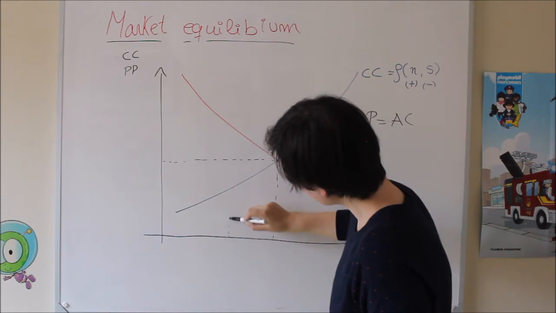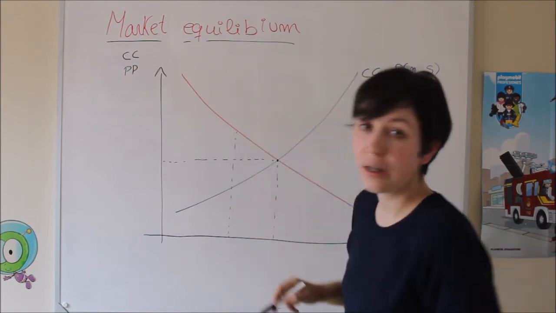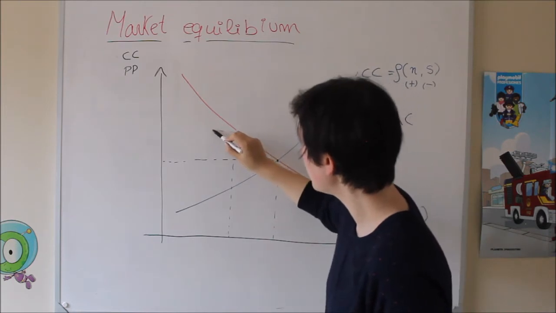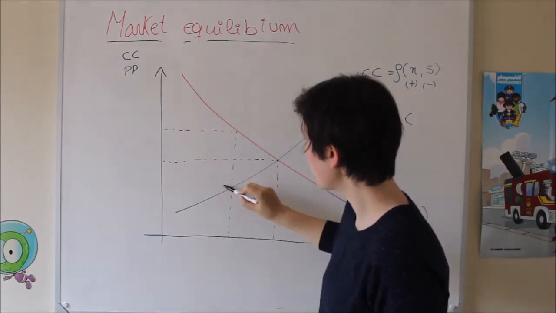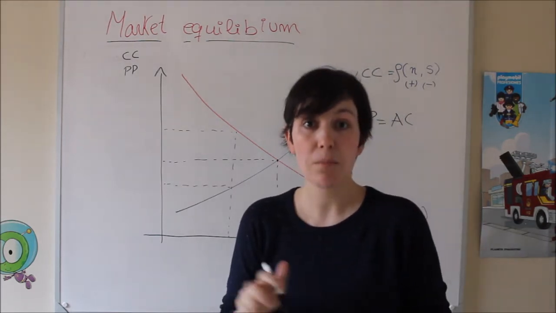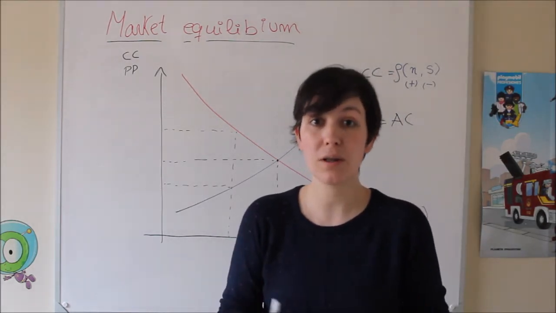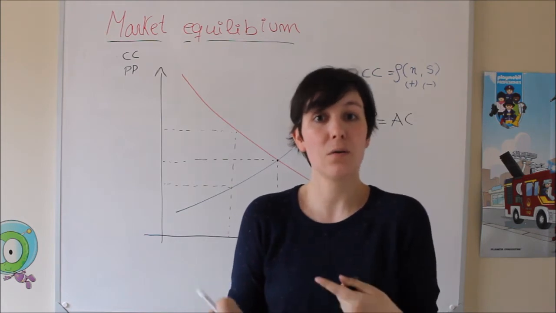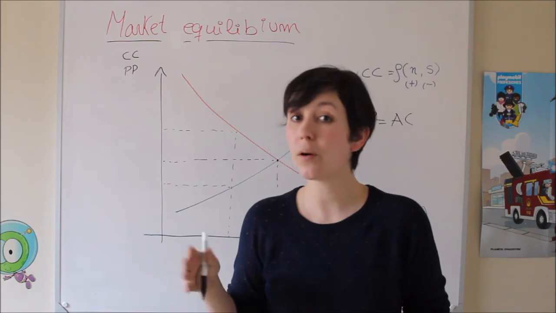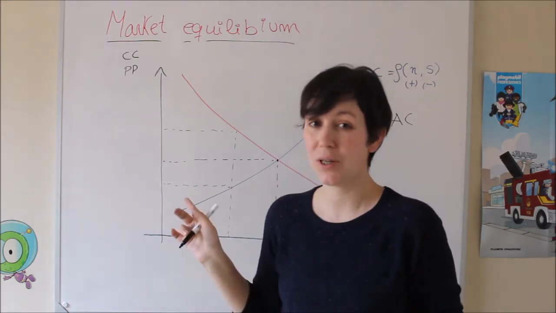So this, instead, is not a long run equilibrium. Why is that? Because here the price is higher than the average cost. If the price is higher than my average or unit cost, that means, oh, it's a good situation, right? So that's going to mean that many other competitors want to produce here.